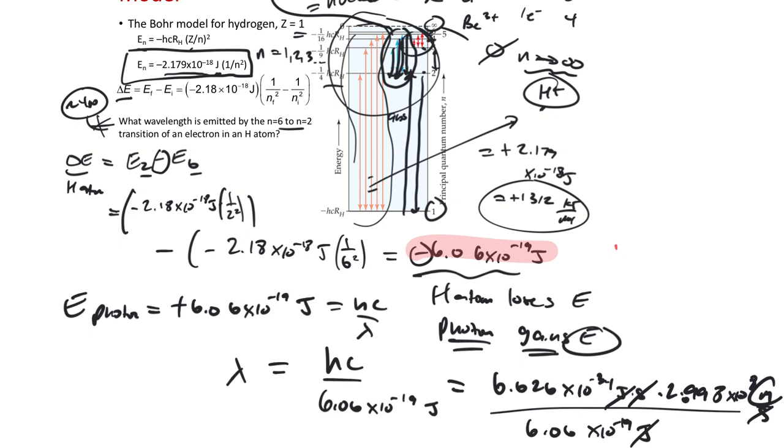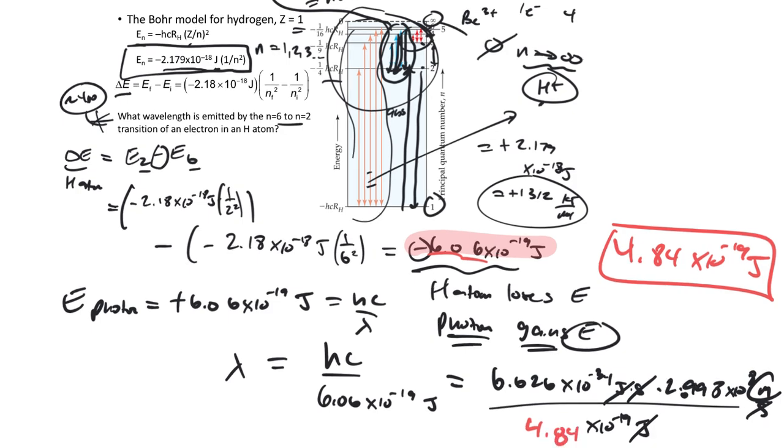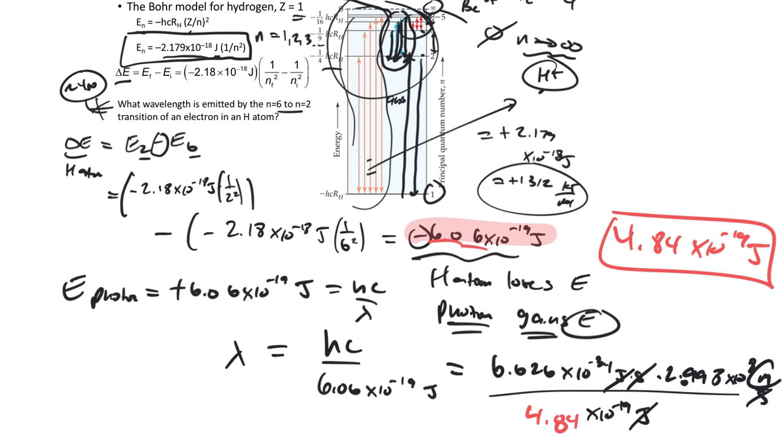I've just recalculated, it should be 4.84 times 10 to the minus 19 joules. I don't know how I miscalculated that, but that doesn't seem to be the right number. So if you were to double check that step, and we put this right number in here, let me fix this to 4.84, because this should come out dead on.